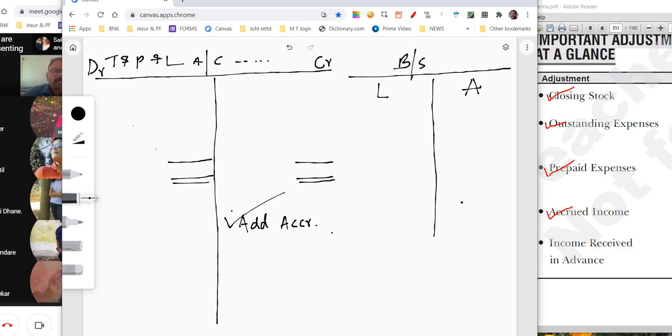Asset side. Why is it the asset side? Can someone tell me? ये क्यों asset है? You can tell me either in English or Hindi. Simple way. Why is it an asset?